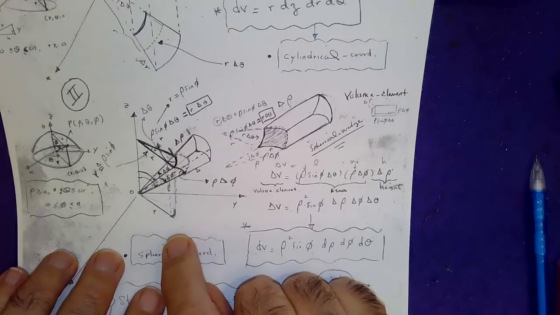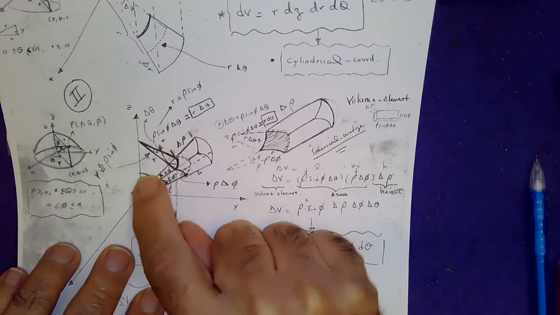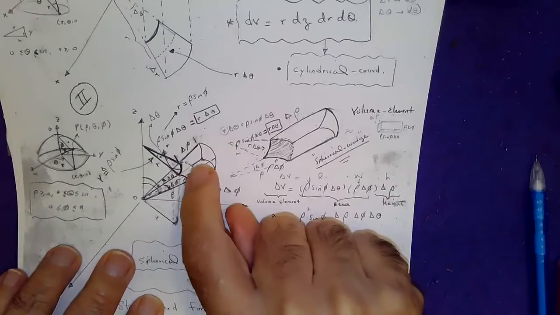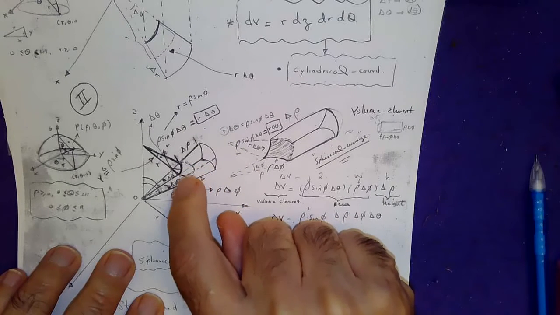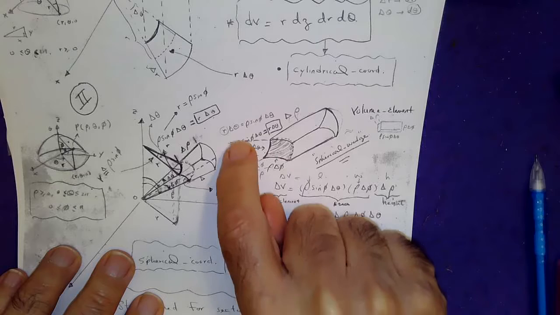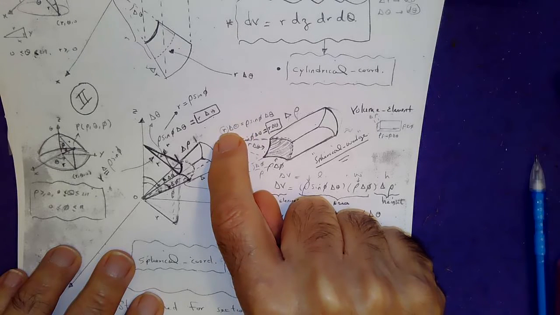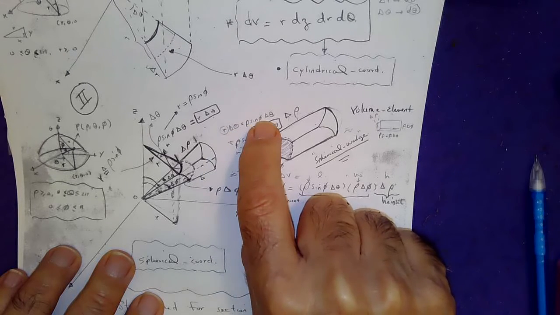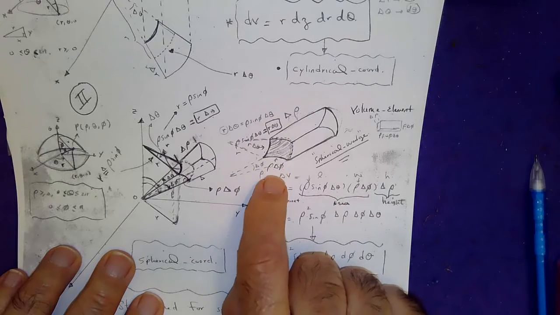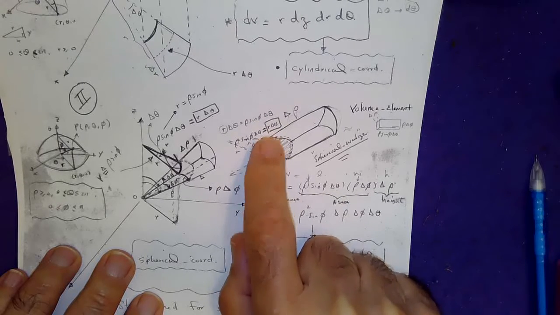So therefore you need 2 cuts, one from top, one from the side. Then again, you're dealing with two arc lengths. So one of the arc lengths is what? R delta theta, but r in the spherical coordinates is rho sine phi, so rho sine phi delta theta. The other one is rho delta phi. So these are arc lengths.